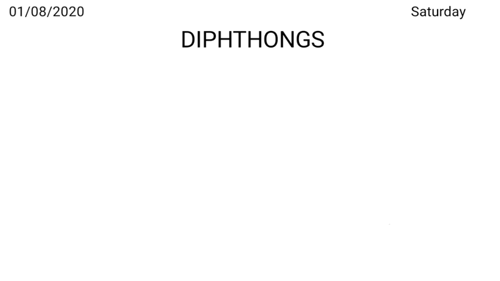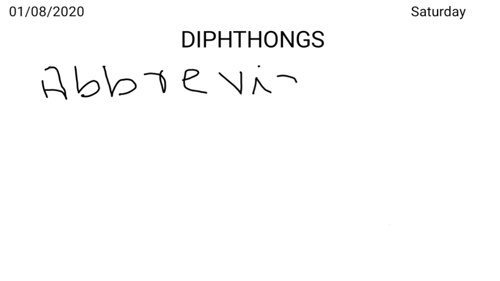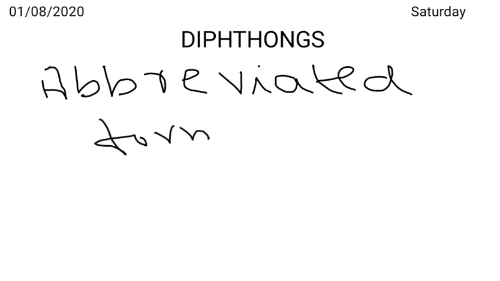Next, abbreviated form of W. A-B-B-R-E-V-I-A-T-E-D. Abbreviated form of W. We know W is represented like this.